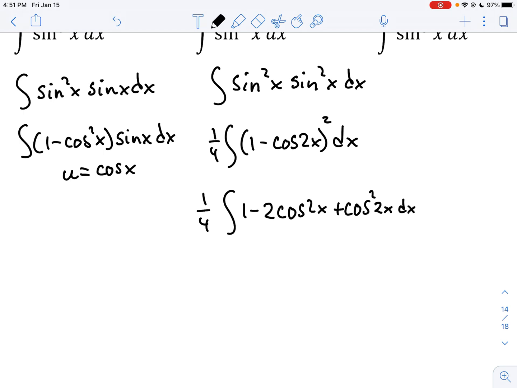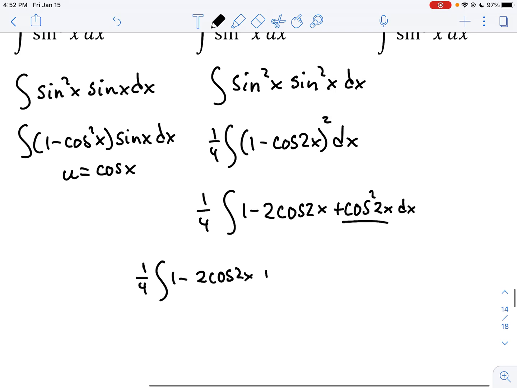I really didn't give myself a lot of space here. And this is cosine 2x, not cosine squared. So that we can integrate that and we can integrate that. But this one here, to integrate, we're going to have to do a power reducing identity again. So we wind up getting 1/4 times the integral 1 minus 2 cosine 2x.